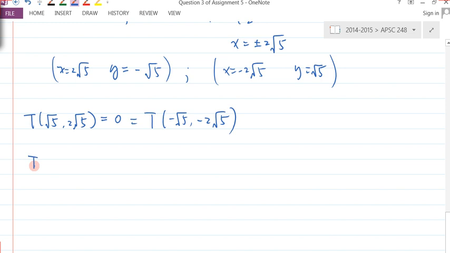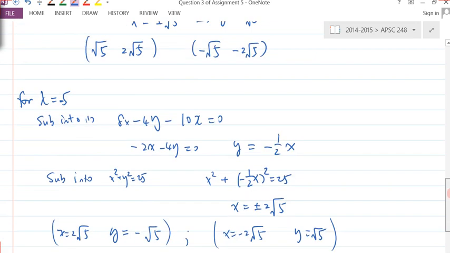At this location it's 125, and the same for this location. So apparently this is a min, and this is a max. So there are two min locations and two max temperature locations. That's one way of solving this question.